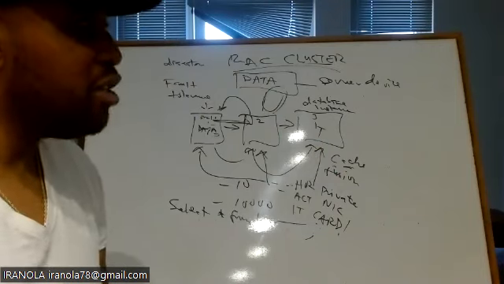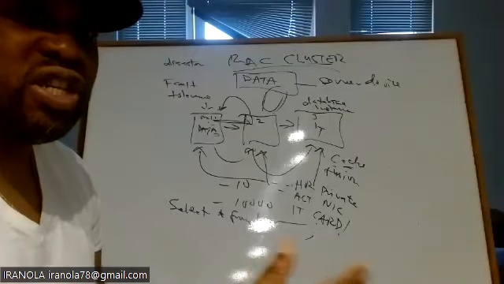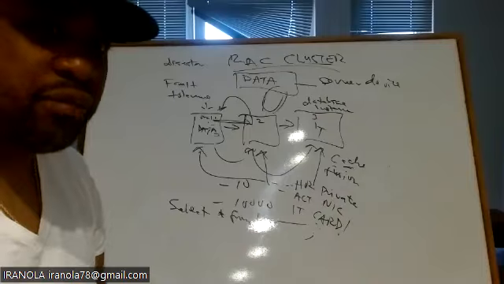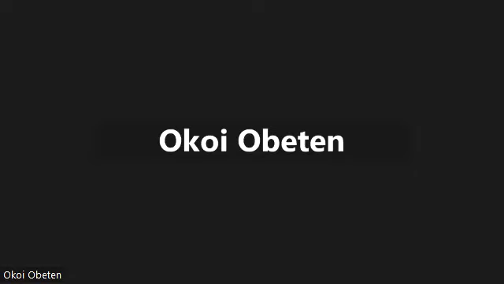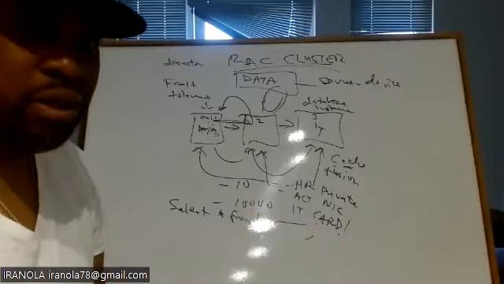The public IP will be like 196.168.1.100, for instance. The private has got to be 196.168.something else.100.